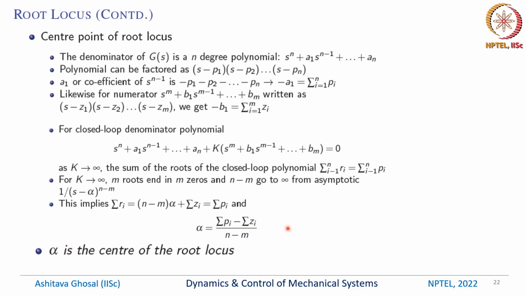It's a little bit complicated, but this is how we can find out where the center of the root locus is. Then we can find all the angles at which these radial lines start from the center of the root locus. And we know that n minus m branches of the root locus go to infinity, and they are asymptotic to these lines.